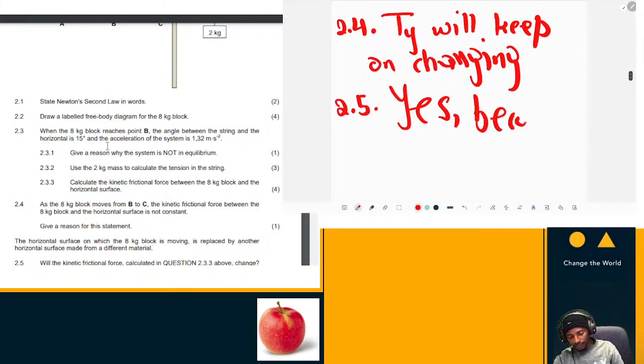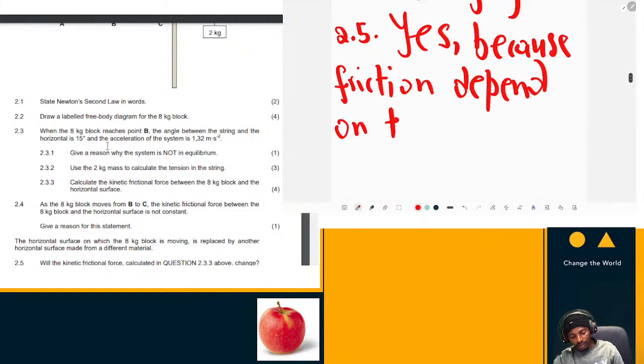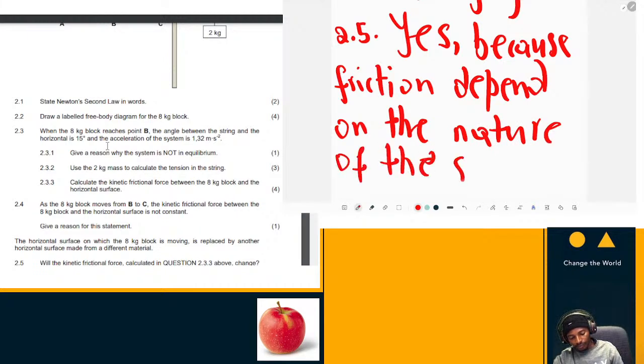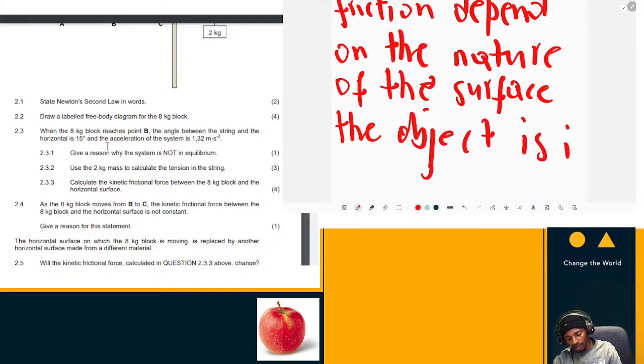Because friction depends on the nature of the surface the object is in contact with.